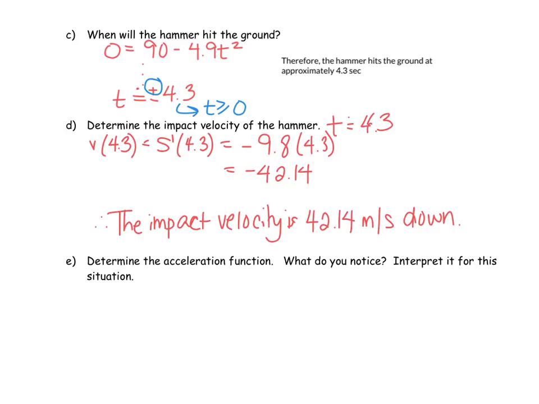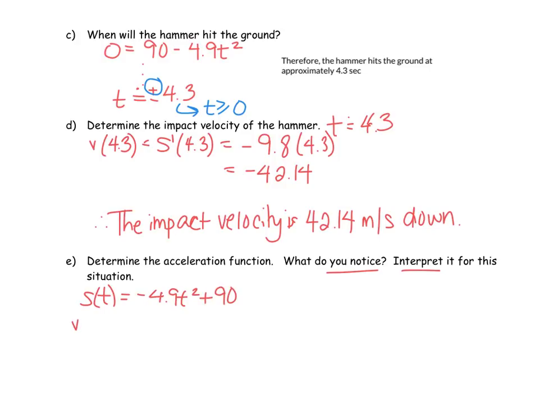Now we're going to find our acceleration function, which we know is just the derivative of our velocity function, and then take notice of what it is and interpret it. So our s at t, let's start with that, we know is negative 4.9 t squared plus 90. I did rearrange it.